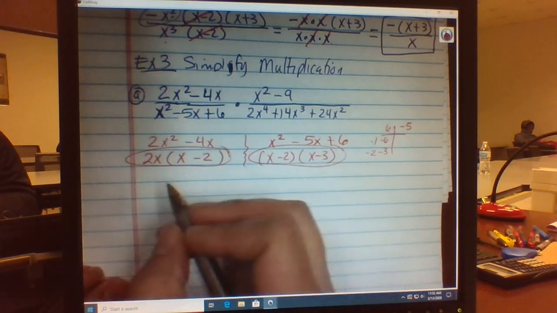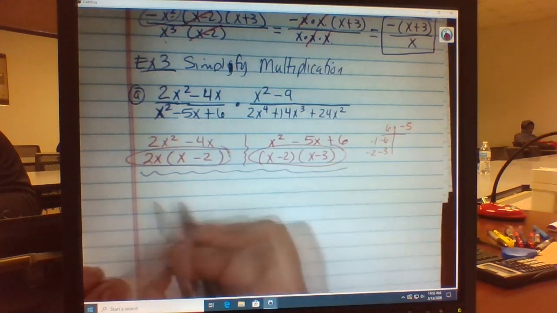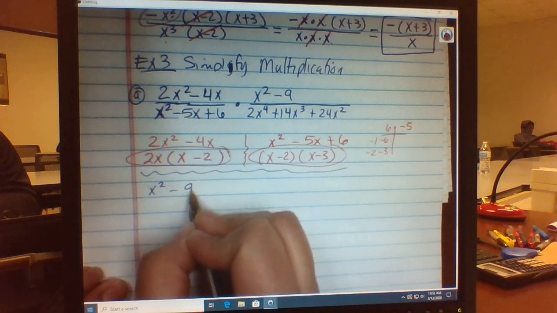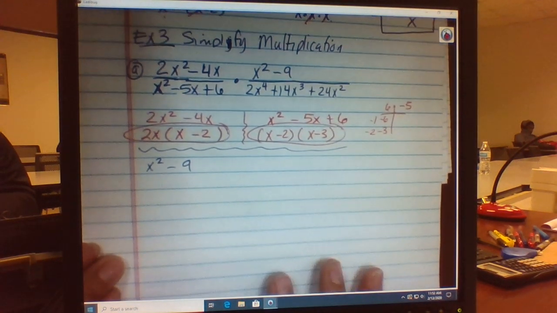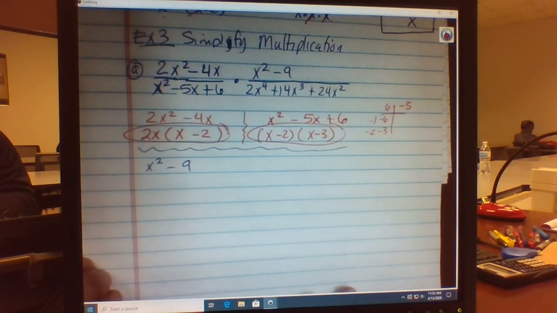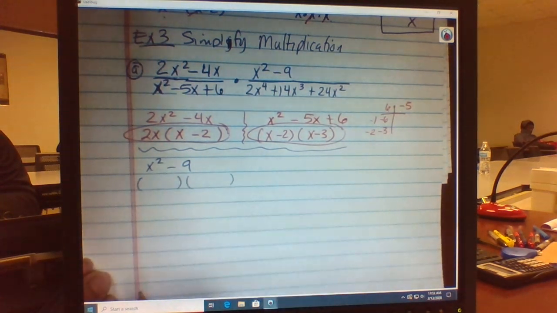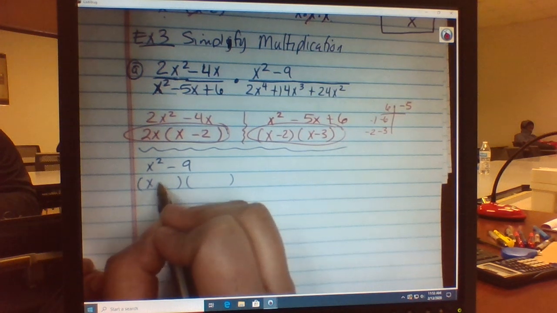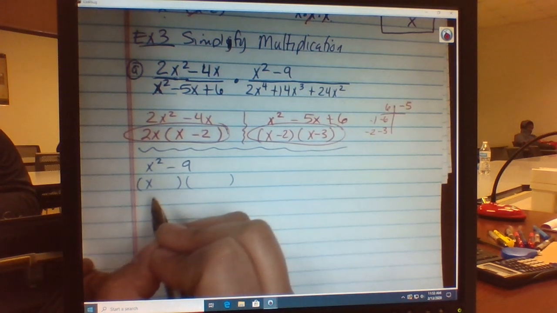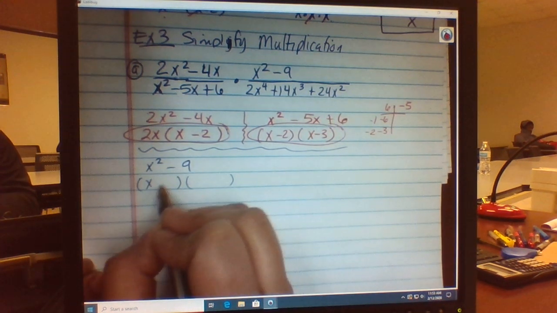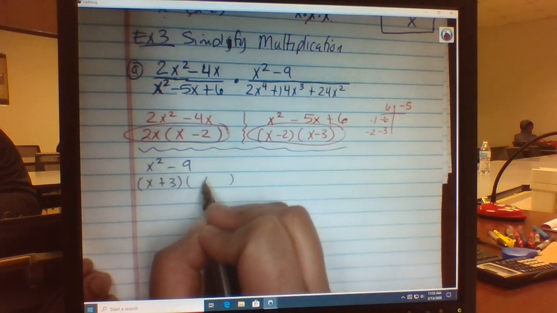So let me do the second fraction. I have x squared minus 9, and that right there is a difference of squares. The square root of 9 is 3. So x plus 3, x minus 3.